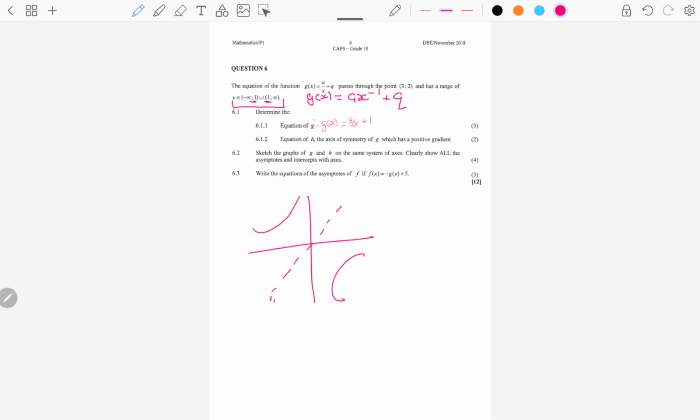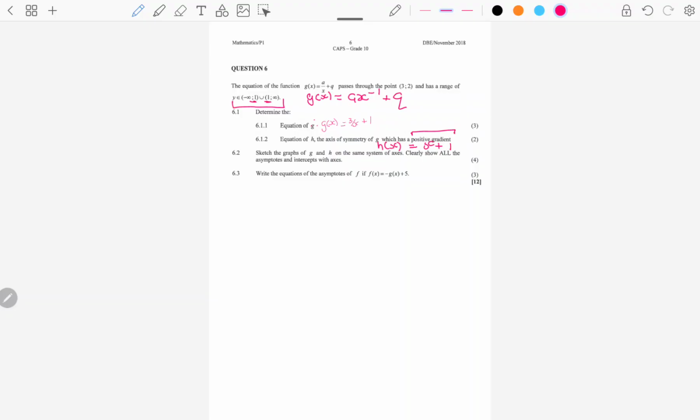Once you fold over this top part onto this part, they will overlap. So the axis of symmetry will be y equals x plus 1, since it's a positive gradient, instead of x minus 1.